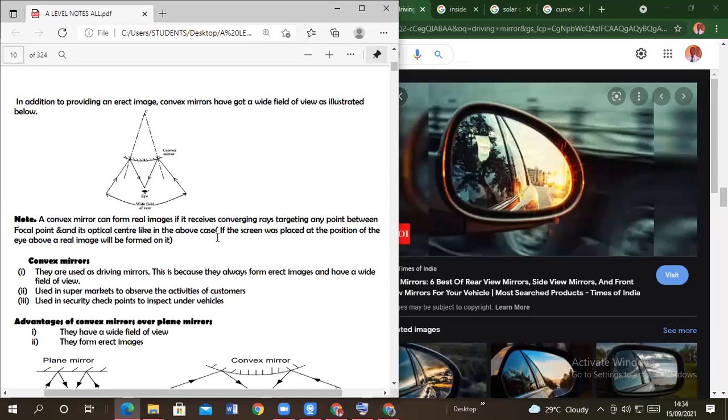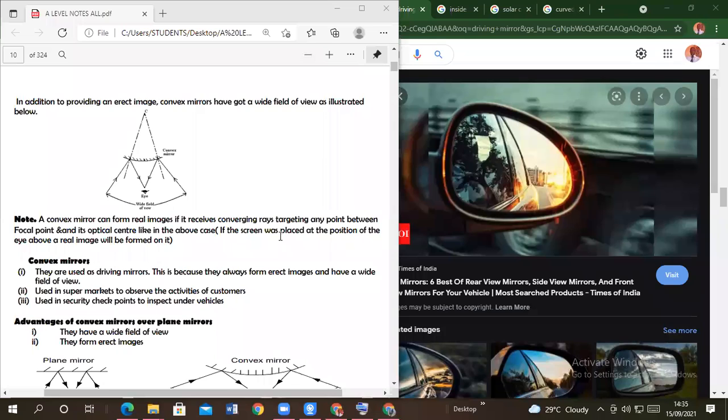So if there are converging rays targeting a point in between F and P, then the image we are going to have will be a real image.